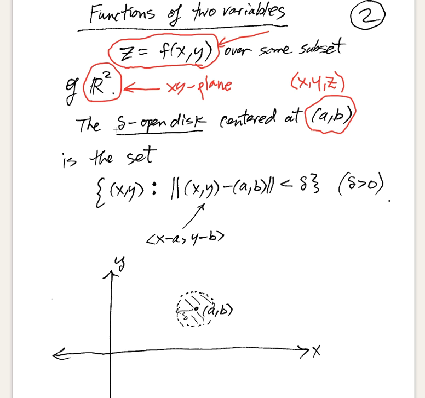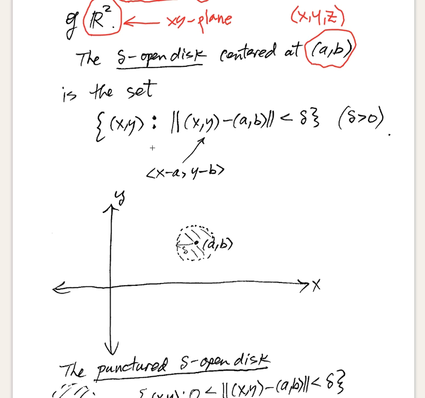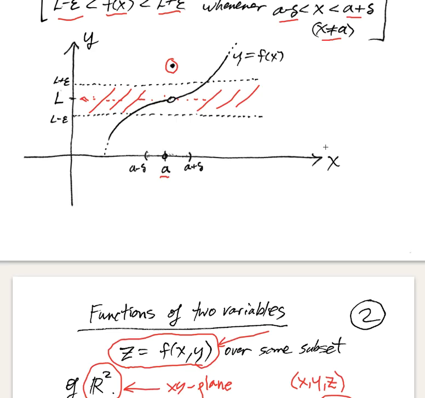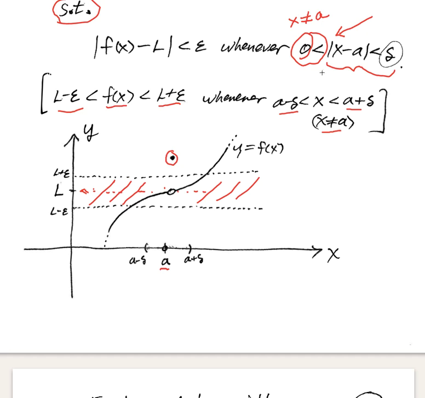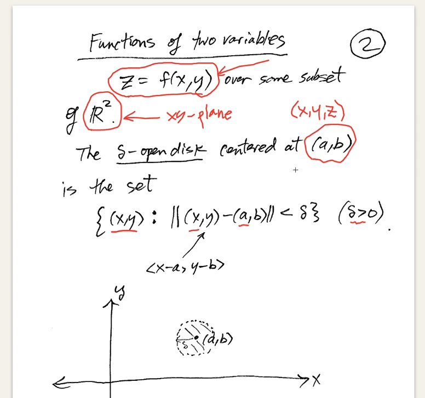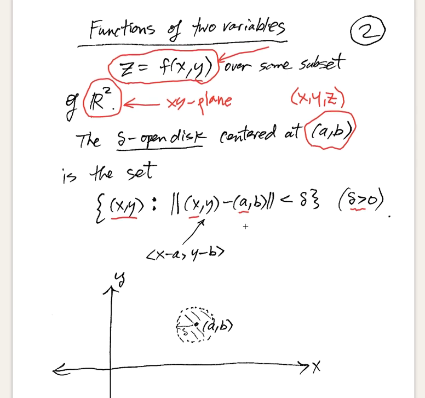The delta open disk centered at (a, b) is the set of all (x, y) such that the magnitude of the vector from (a, b) to (x, y) is less than delta. Again, I'm going to assume delta is greater than 0. This is going to play a role analogous to this thing up here, only in 2 dimensions.